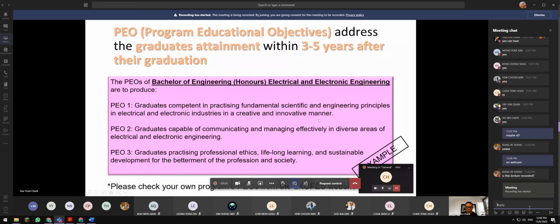So it means that you are more creative and innovative upon graduating from 3E. PO2 is that graduates are capable of communicating and managing effectively in diverse areas of electrical and electronic engineering. And finally, graduates practice professional ethics, lifelong learning, and sustainable development for the betterment of the profession and society.